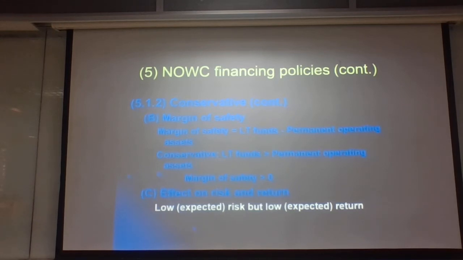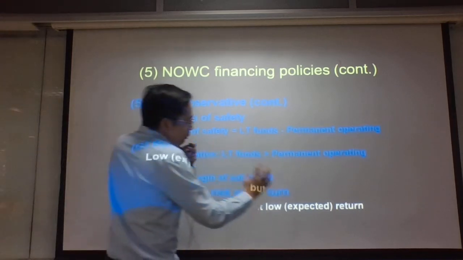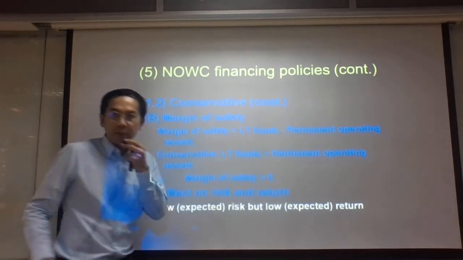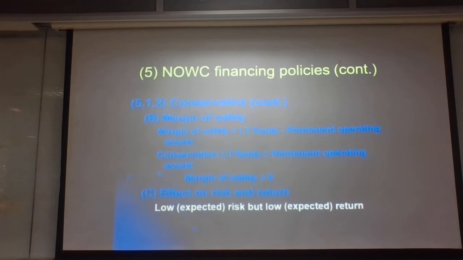And this is quite clear. When the firm uses a large proportion of long-term capital, the cost of capital will be huge. Other things constant, the net income will be small. Okay? The cost of capital is large, so the net income will be small, resulting in low expected return.